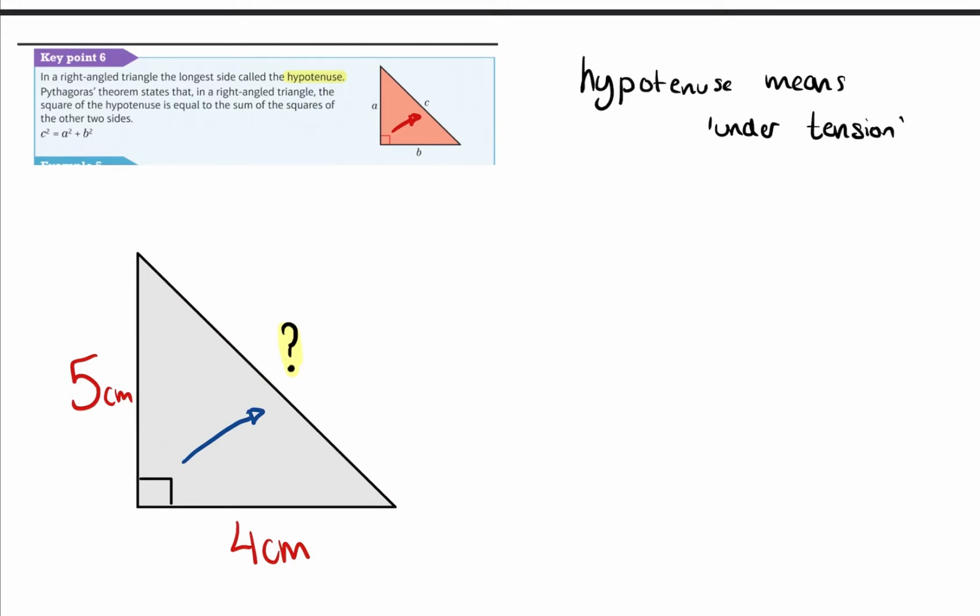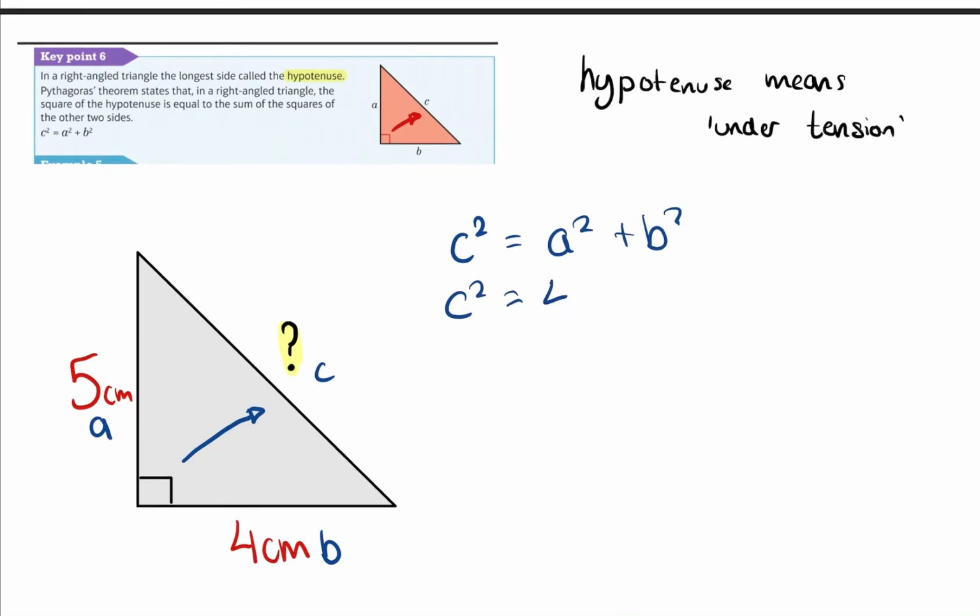A and B, it doesn't matter which you say they are, as long as A and B are the two shorter lengths. So we'll go A, B, and C. Our formula states c squared equals a squared plus b squared. So A is 4 centimeters, so 4 squared, and B is 5 centimeters, 5 squared.